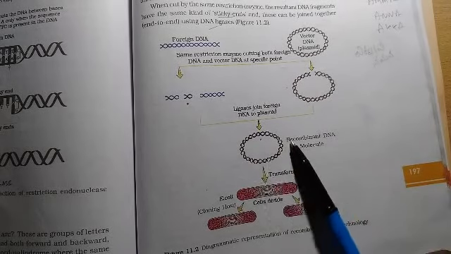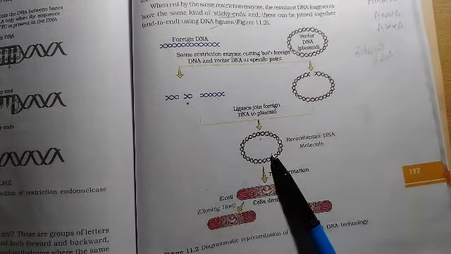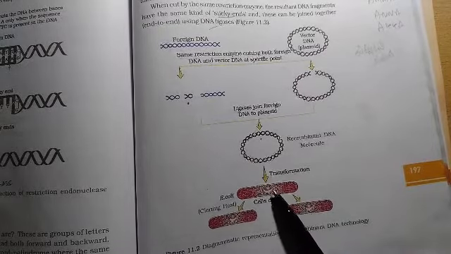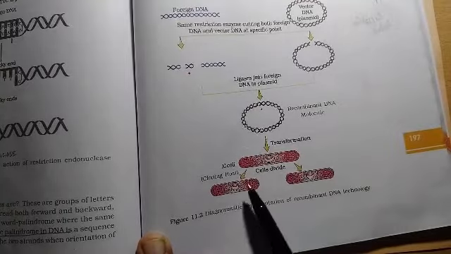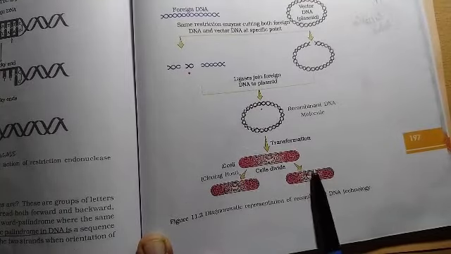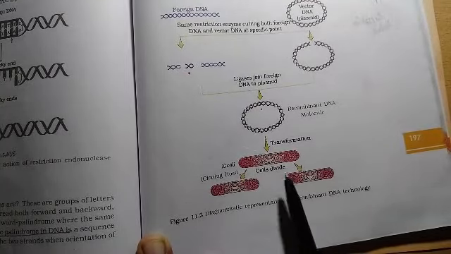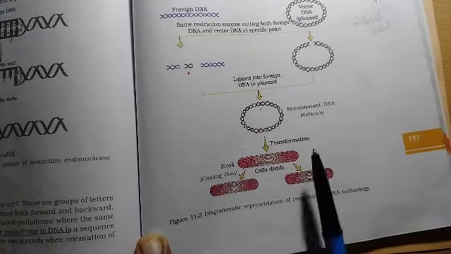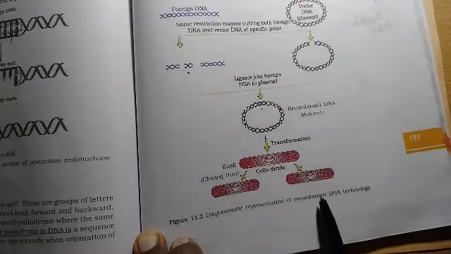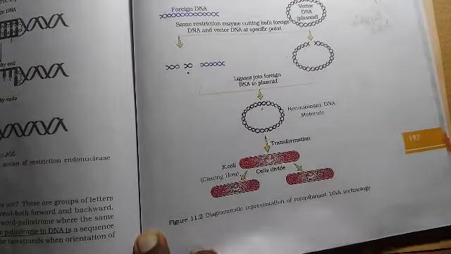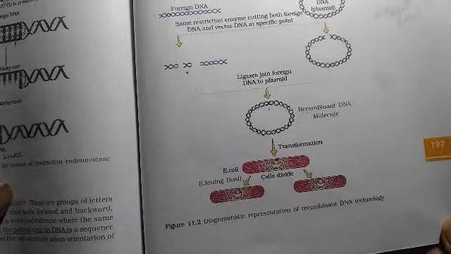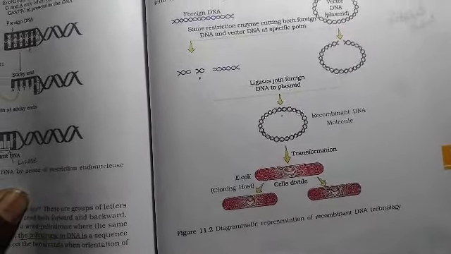So this recombinant DNA will be taken up by the host cell. As the host cell divides, our gene of interest will also divide along with the host cell. Okay, this is a technique by which we can incorporate the foreign DNA into the host cell, and we can get a number of copies of this DNA.